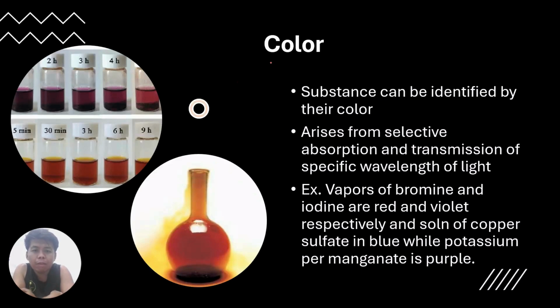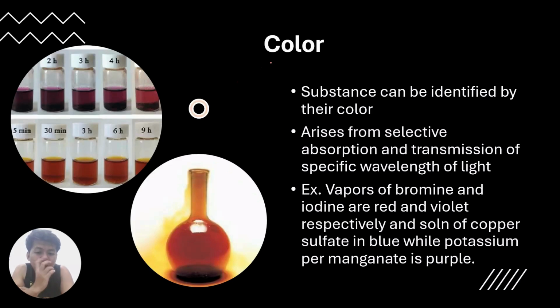Again, the keyword here is selective absorption and transmission of specific wavelengths of light. For example, in your laboratory, when you encounter vapors of bromine, take note that this is a very corrosive material. Bromine, please take good caution of it.